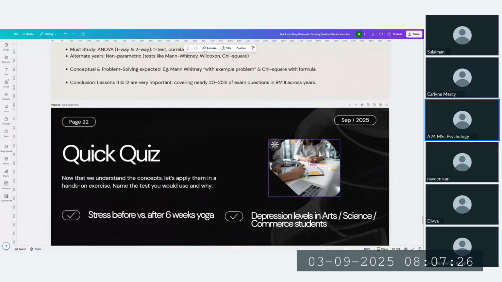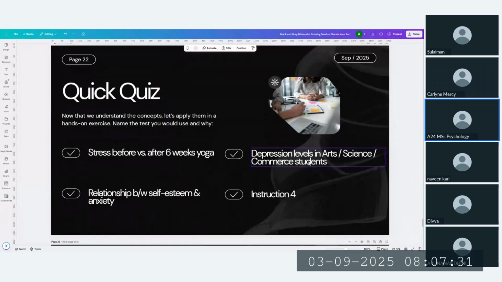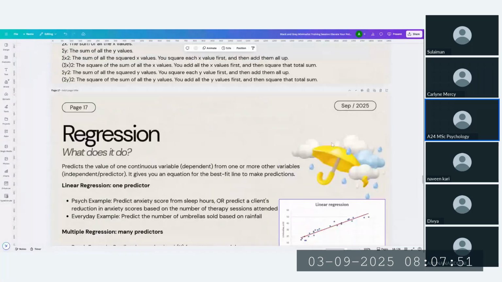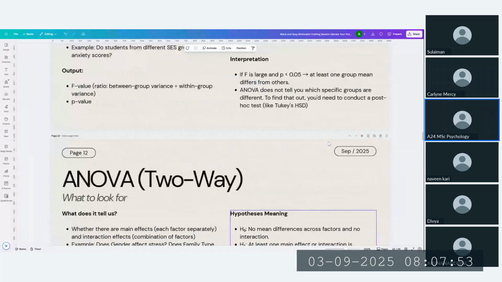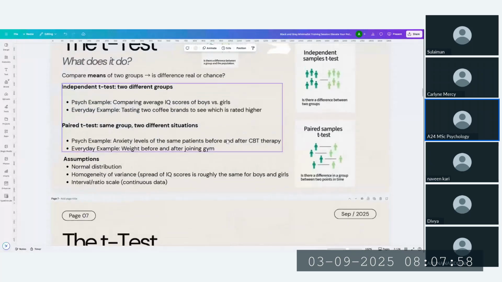Based on what you have learned, let's do a quick quiz. We want to measure stress before and after 6 weeks of yoga. Which test will you use based on what you remember? We can take a quick look at the tests.